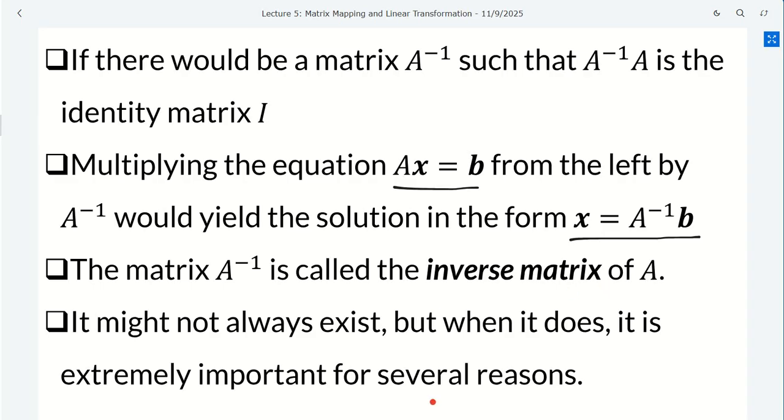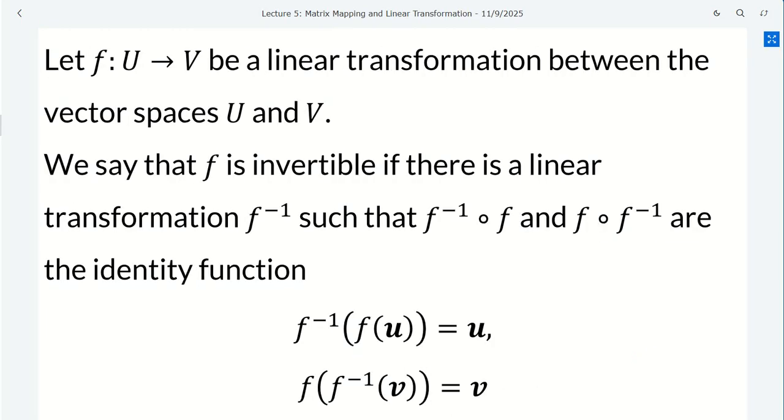Now, the inverse matrix might not always exist, but when it does, it's extremely important for several reasons. We'll find out. The same thing can also be applied when we are doing a linear transformation. When you have a transformation of the same function, you end up getting the individual bases.